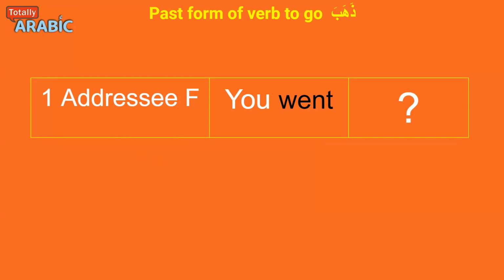In Arabic, you went becomes ذهبتِ. If you notice, this form keeps the same shape: fatha, fatha, sukun. And here it changed to ta with kasra, ذهبتِ. This form is valid when I'm talking to an addressee who is female, only one person. So I say ذهبتِ.